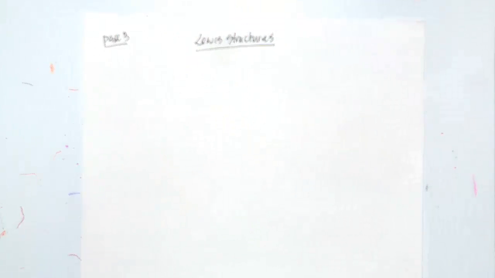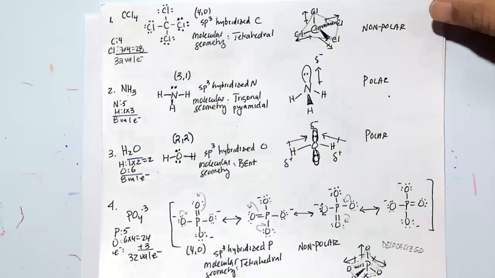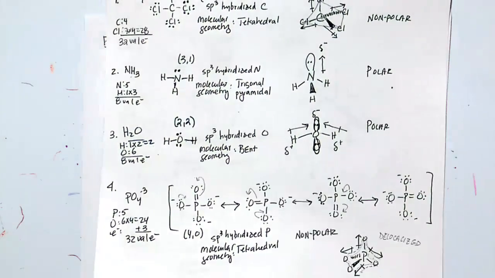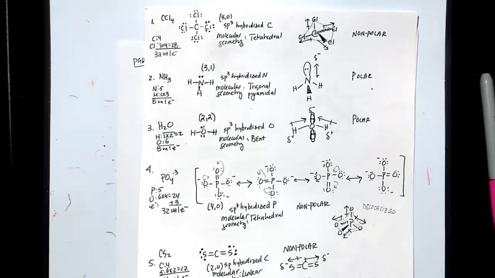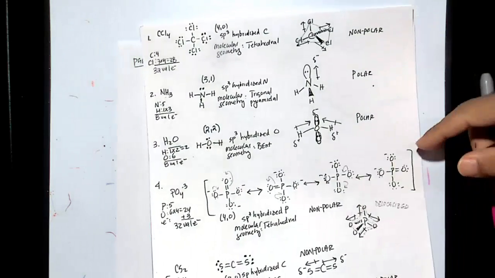There's an attachment to your study guide, so make sure you look at that. Alongside your study guide, I made a couple of Lewis structures that I think are important for this exam, so definitely look at these.